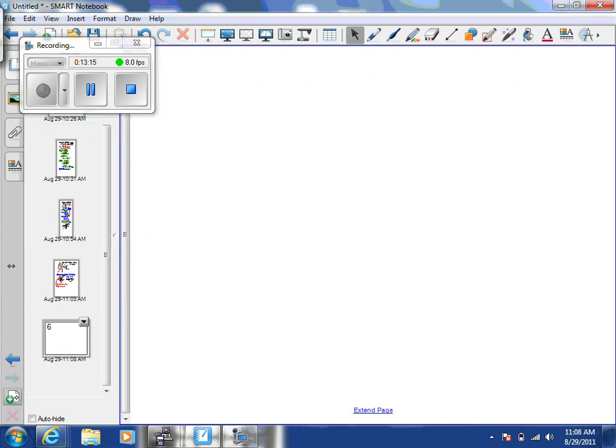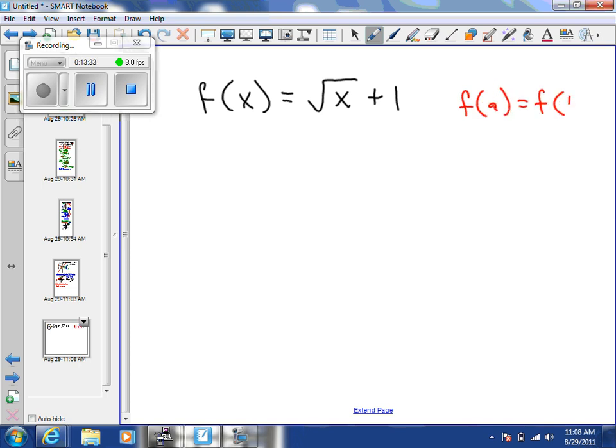What I'll end with here is a quick demonstration of how to test algebraically whether a function is one-to-one. So I'm going to borrow a problem out of our text here. Let's suppose that the function f is equal to the square root of x plus 1.